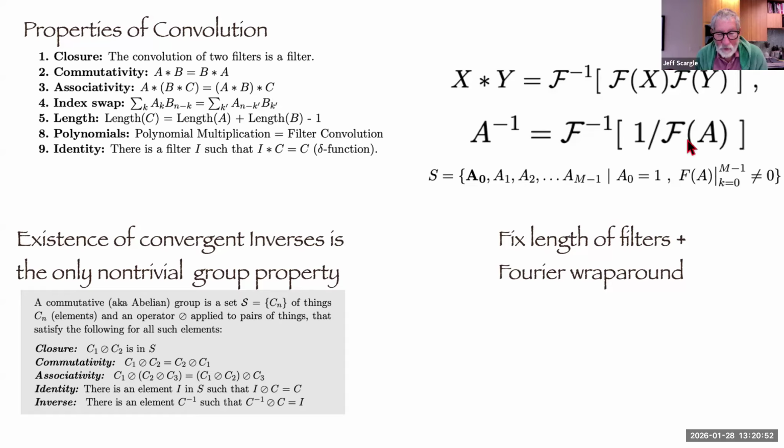In practice, that's not a problem because you're embedding short filters in zeros, so what gets wrapped around is 0 anyway. So I'm just rambling on that you can repair the problem with finding the inverse of a convolution and generate a group of filters. This is for causal filters, but you can do the same thing for general causality in filters.